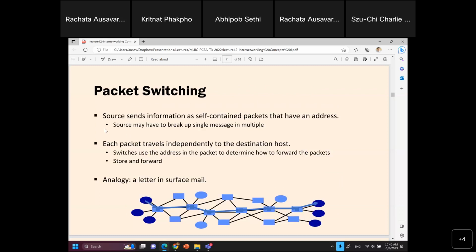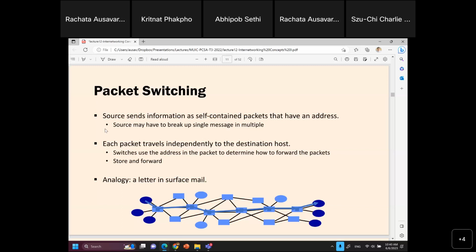All right, I have a source and I have a destination, and I build a packet. These are self-contained information that I want to send to an address. It's like your actual mail. You put everything in your mail, you send it. The whole thing goes together, right? In reality, the source can also break the packet up and send parts of it at a time.